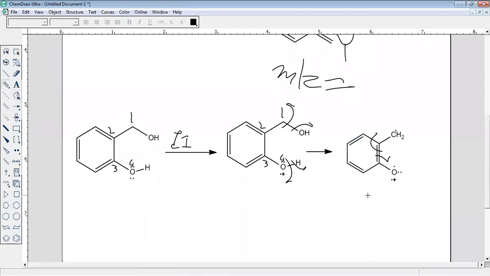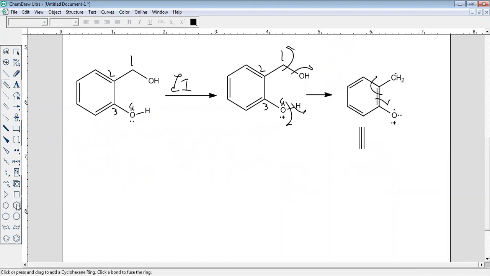You can write like this: this is CH2, and here this is oxygen, with one lone pair and one radical cation pair, right? Yes, this is the fragment which is formed due to the ortho elimination. So hope you understand this example.